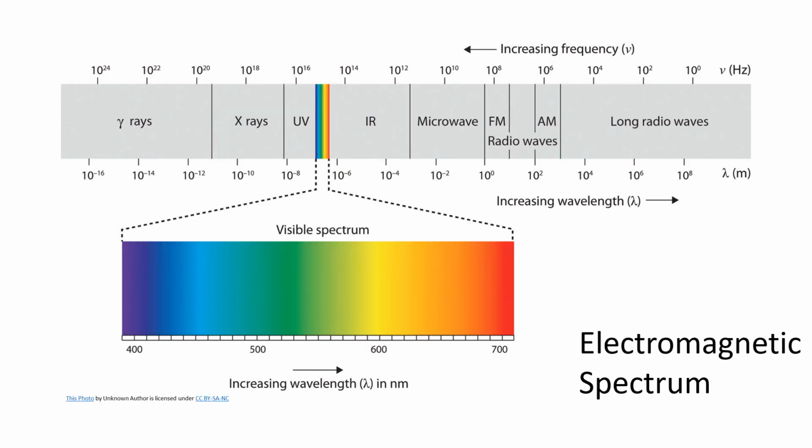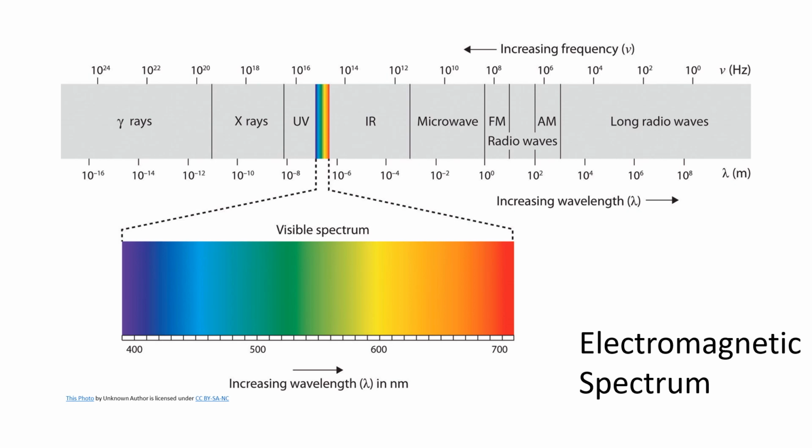The entire electromagnetic spectrum runs from gamma rays all the way down to radio waves. The gamma ray end is the high end, the radio wave end is the low energy end. There's this very, very tiny piece of the spectrum that our eyes are sensitive to, and that's known as the visible spectrum.